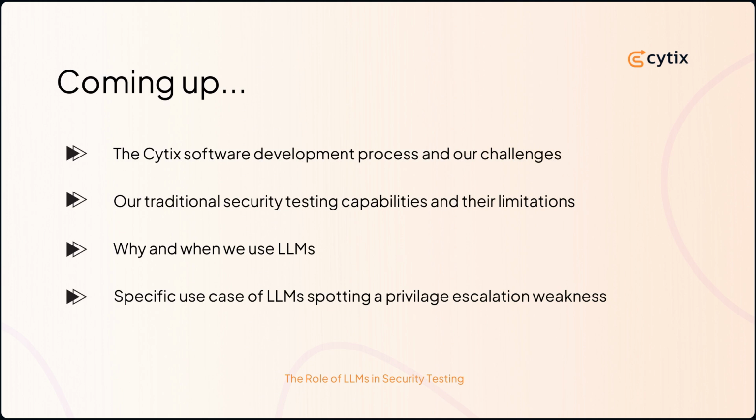Culminating in us giving you a little bit of a story about an interesting instance that we had recently where we actually introduced a vulnerability in our own application that wasn't caught through any of the different gates that we have and was only picked up thanks to the power of language models.